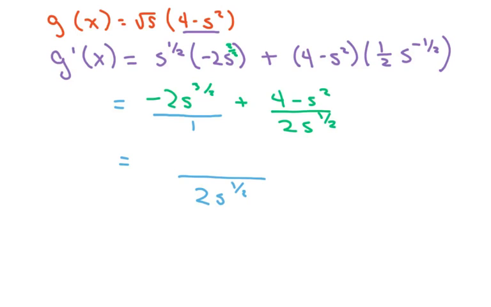So you multiply those two, and you're going to get negative 4s, and you add those up, and that's going to be 4/2, so that's going to be squared, plus 4 minus s squared. So that's going to equal 4 minus 5 s squared over 2 s to the 1/2.